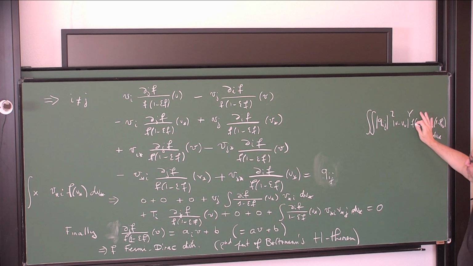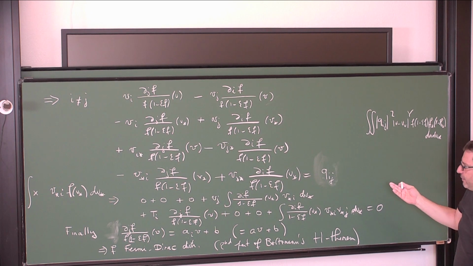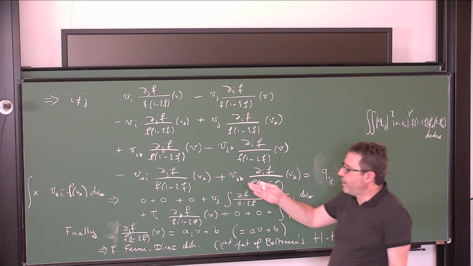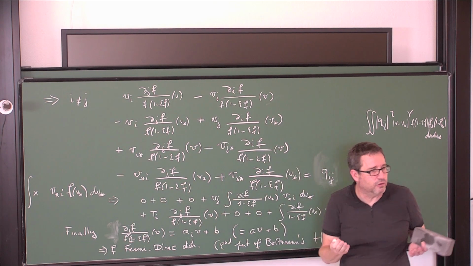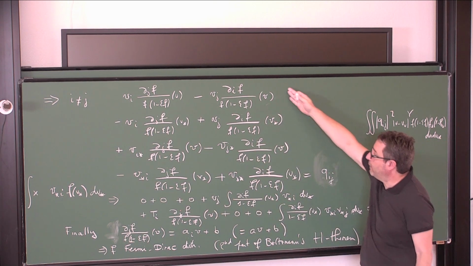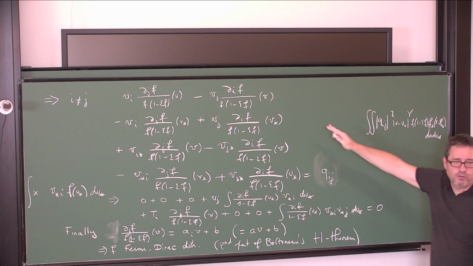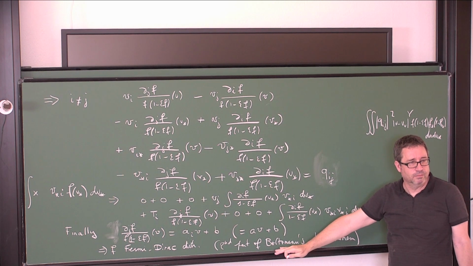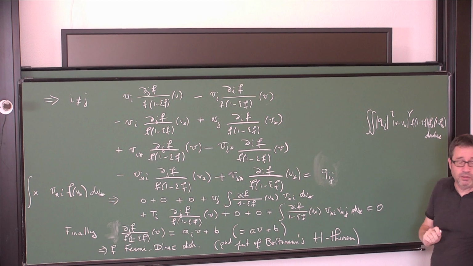So I know that I control this, I write this, and the point is, how can I get the gradient of F over something, so something which has to do with the gradient of F, out of this formula? The whole point is to say, well, let's copy the proof of the case of equality, but keeping here the Qij instead of putting 0.